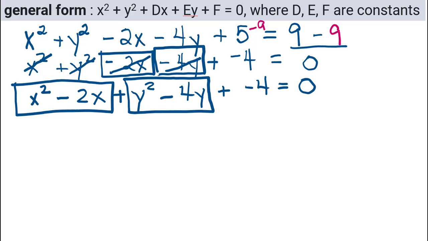I'm going to go ahead and add 4 to both sides so that this constant is not left over here. Okay, we added 4 to both sides, so you have 4 over here. You have 0, and then we have these 2 parts.